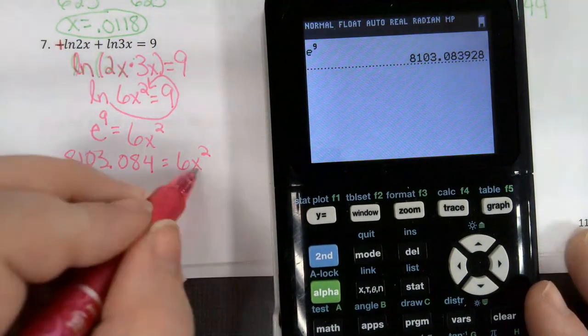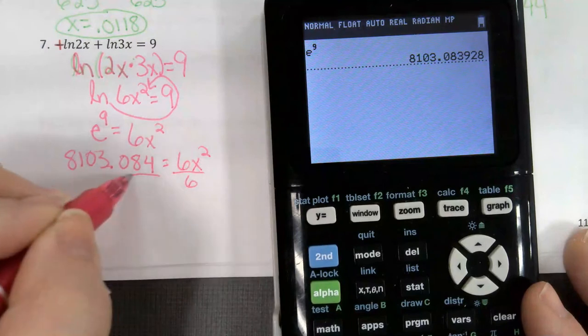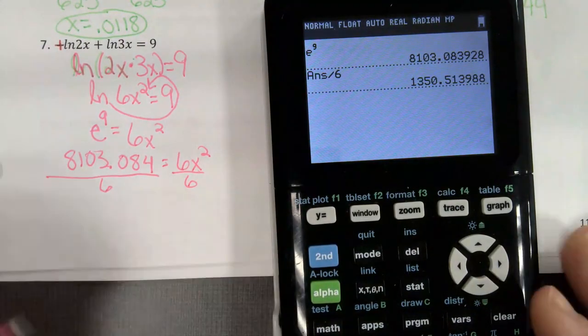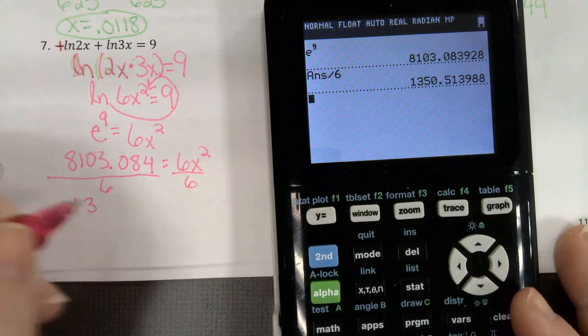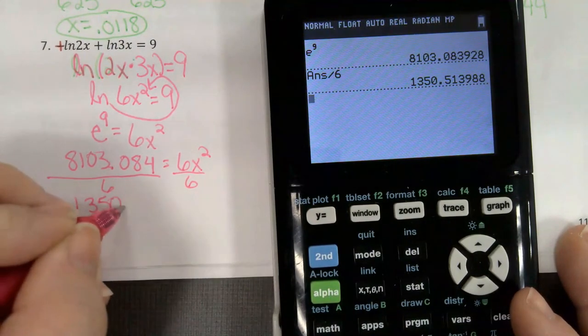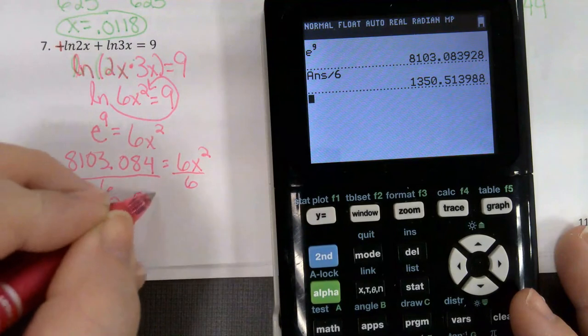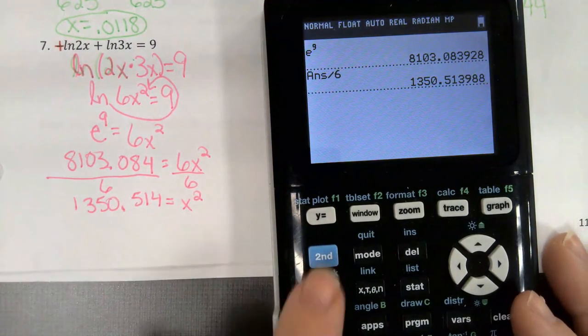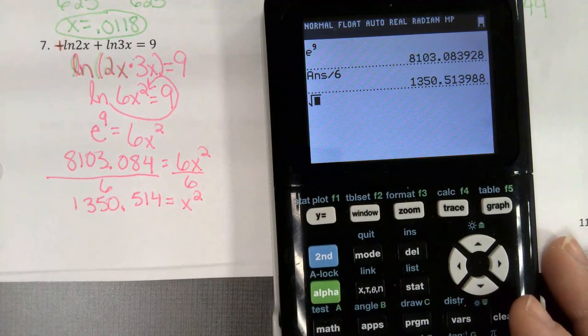Then we need to divide both sides by 6. We have 1,350.514 equals x squared.